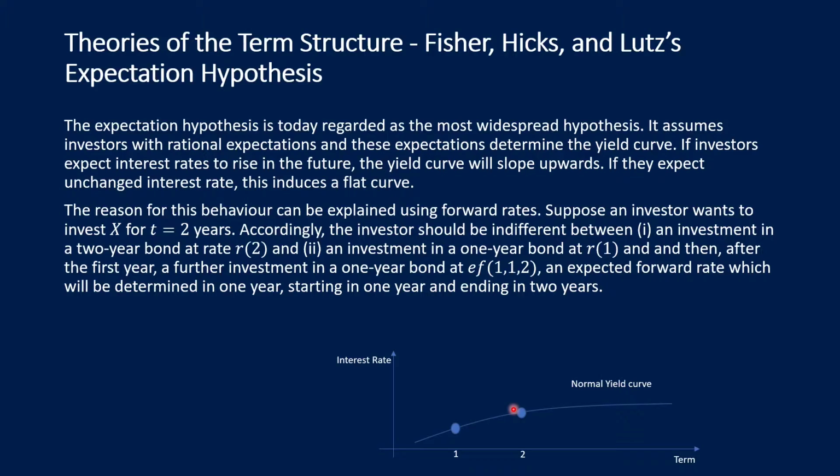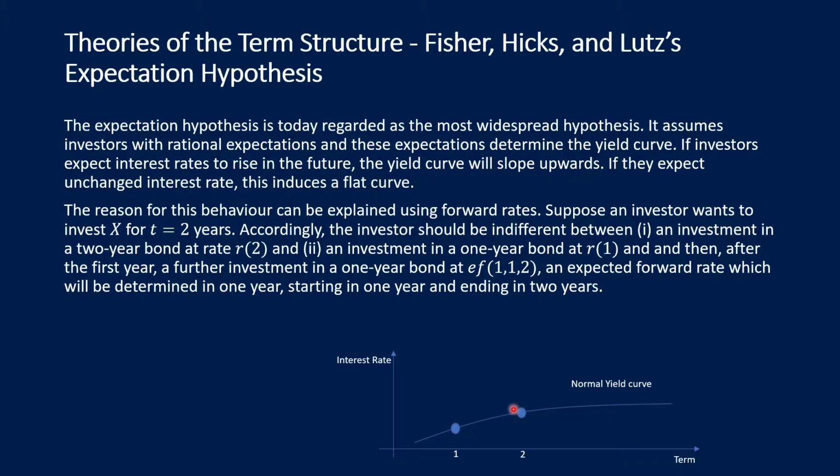Of course, and now the expectation hypothesis comes into play. If you expect higher rates in the future, and if mainly all investors expect higher rates in the future, those forward rates will be negotiated higher.